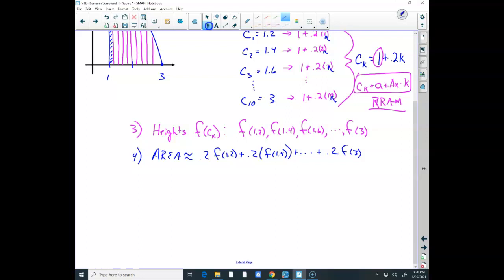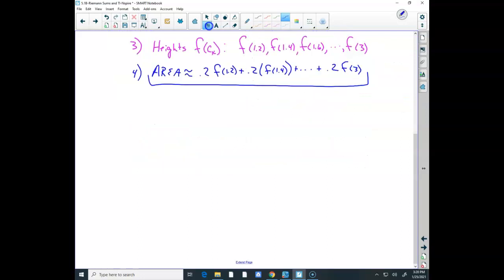Now, what we want to do is figure out how we can fit that into our summation notation, where our k value starts at our first rectangle and goes to our last rectangle of f of c sub k times my delta x sub k. That's calculus notation for this.